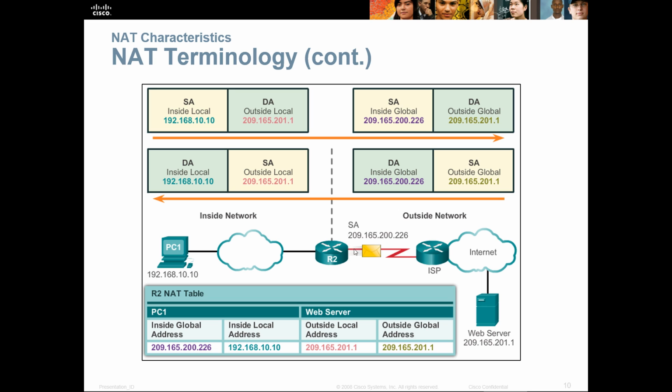That's what we're hiding everything behind. That way, the web server will respond to PC1's request. It will come back in, and the router itself will do the translation between this 192.168.10.10 address and this 209.165.226 address. Here is our breakdown for our inside global, inside local, outside global address.